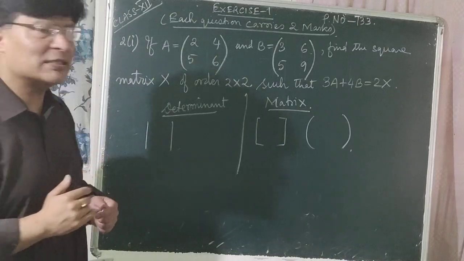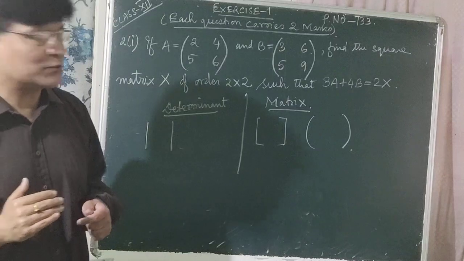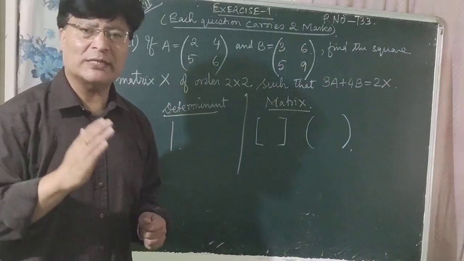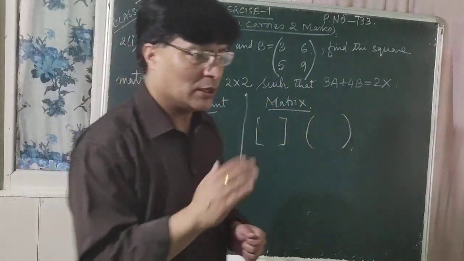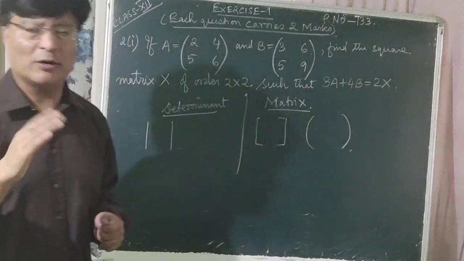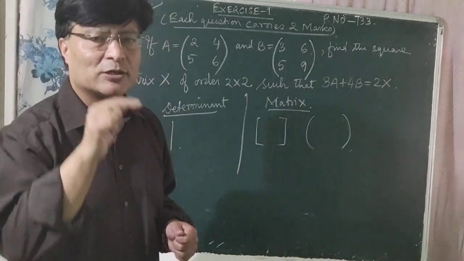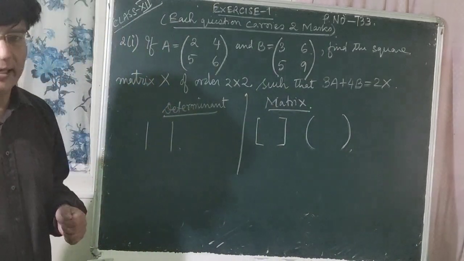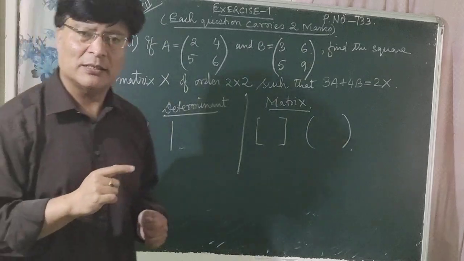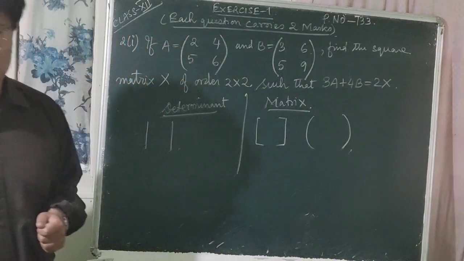Okay. But in case of matrix, if you have got a scalar multiplication, suppose K is a scalar multiplying the given matrix, all the elements of the matrix should be multiplied by that scalar. But in case of determinant, all the elements cannot be multiplied by that scalar.